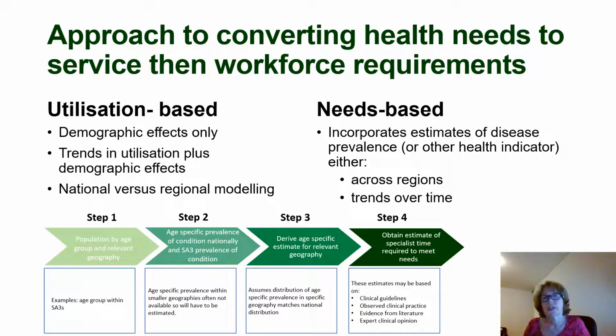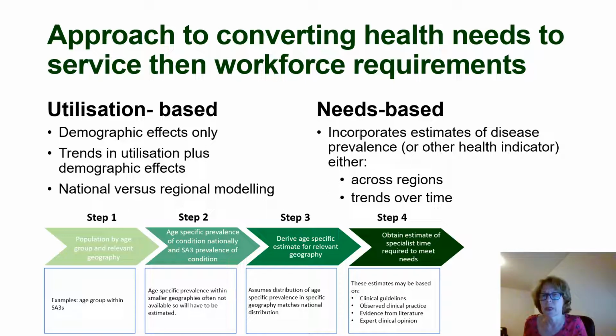But we're interested here in building in some approach that takes account of health need, and so we're interested in estimates of disease prevalence or other measures of health status across different areas and over time. However, disease prevalence data isn't always available at a small area level.